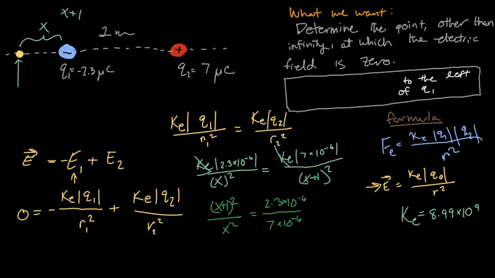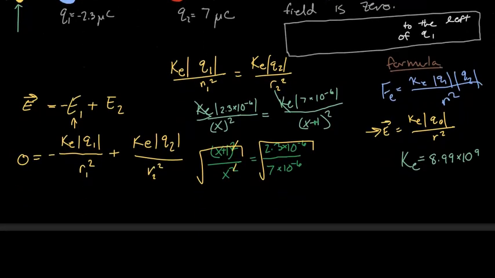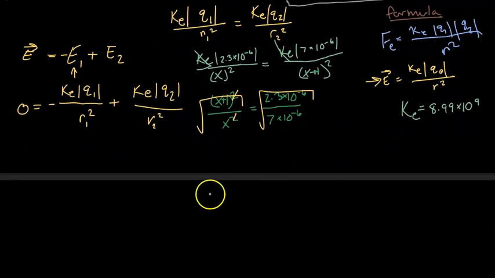And from here, we can just do the easy calculation. So we'll square root each side, cancel those out. And once we do that, we will end up with X plus 1 over X equals 0.5732.